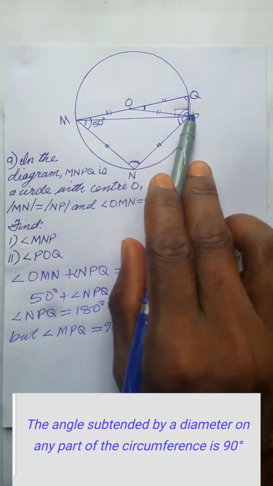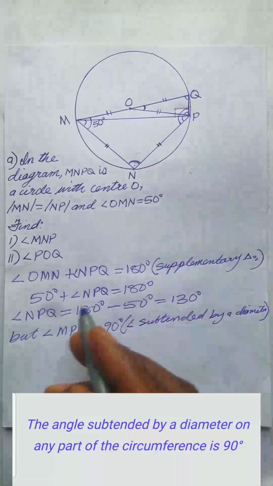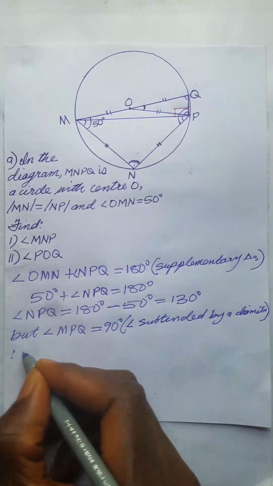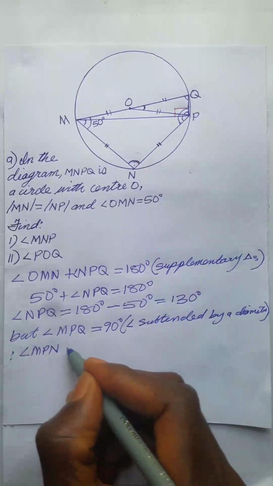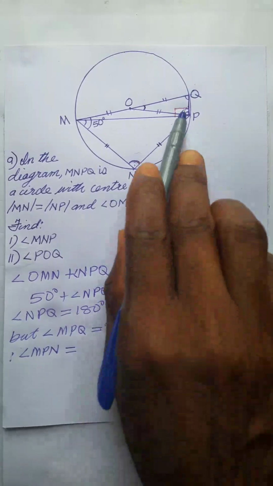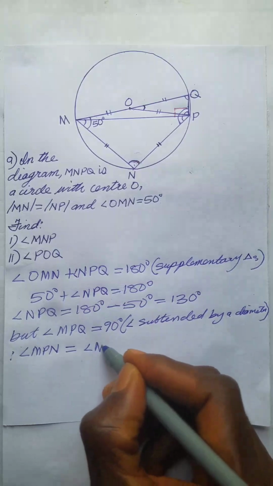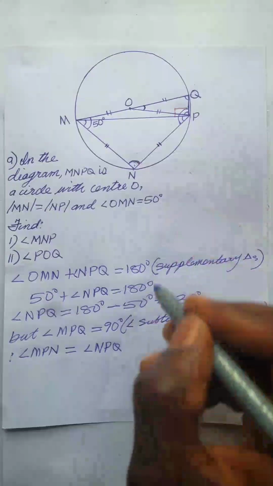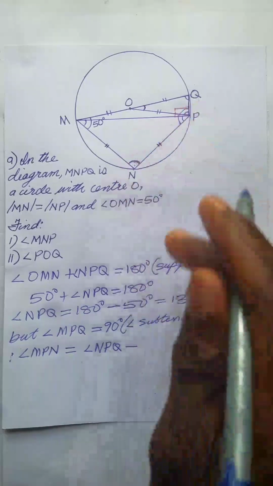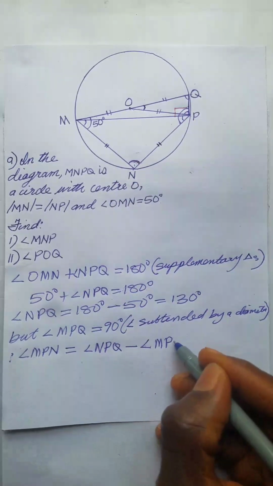I'm trying to take this entire angle and take away my 90. Therefore angle MPN should be equal to this big angle, angle NPQ, minus this one we just said is 90, angle MPQ.